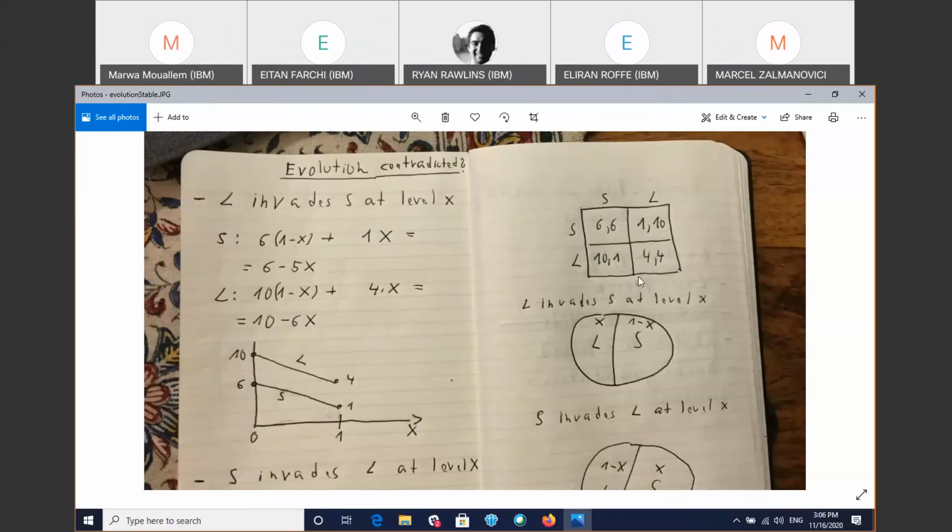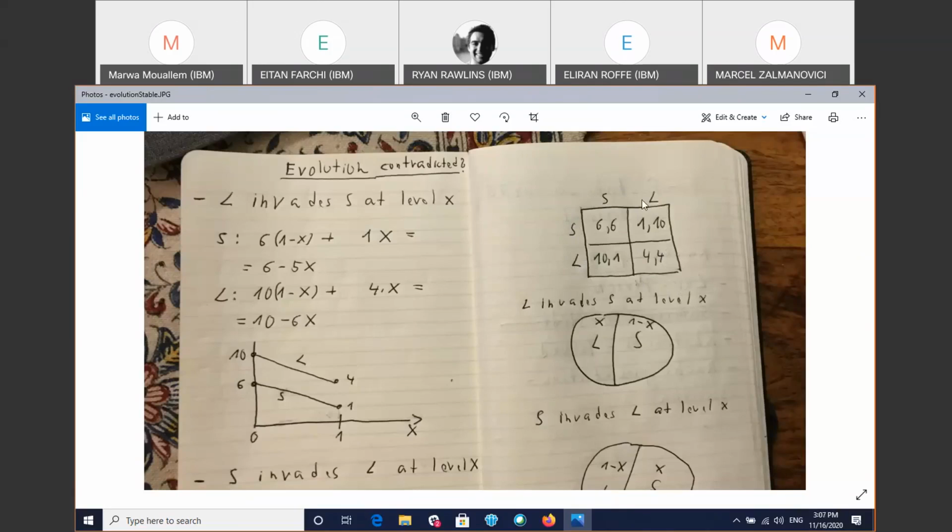Anyway, the interesting point is now that we're going to look at this game from a totally different perspective. So instead of thinking about a player that can play S and L, we'll think about two species. There's, if you like, some type of animal that is small, and some type of animal that is large.